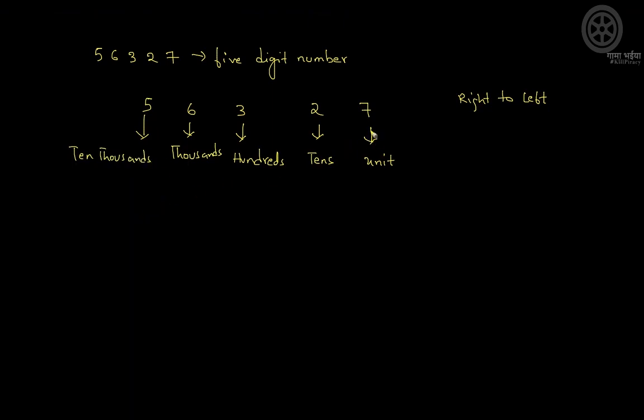The place of 7 is unit digit place, right? So it should be multiplied with 1. This is the place value. What will be the place value of 7? 7, right? If the question is asked, what is the place value of 7 in the number 56,327? Then it will be 7.